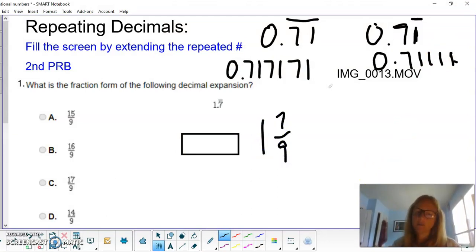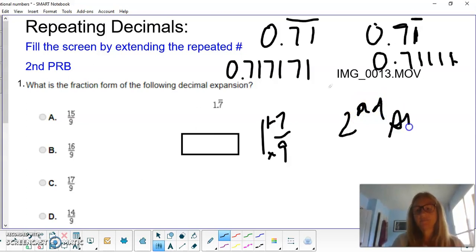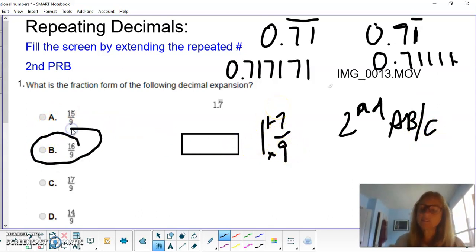However, those options aren't on there. They're all improper. So you could do this in your head by just multiplying and adding, or you could, once you have 1 and 7/9 in your calculator, hit your second ABC button, okay? And that, well, we know that 1 times 9 is 9 plus 7 is 16/9.